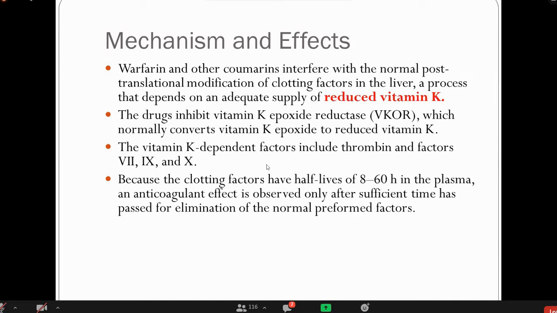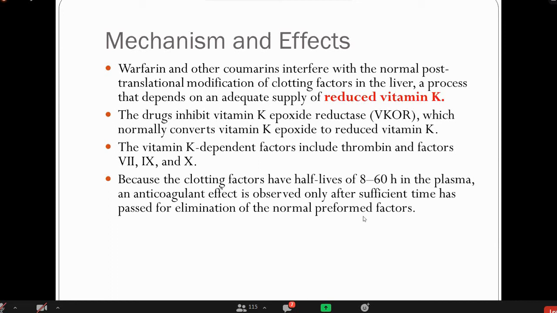The vitamin K dependent factors include thrombin, which is factor 2, and factors 7, 9, and 10. The clotting factors have half-lives of 8 to 60 hours, so different clotting factors have different half-lives in the plasma. An anticoagulant effect is observed only after sufficient time has passed for elimination of the normal preformed factors.